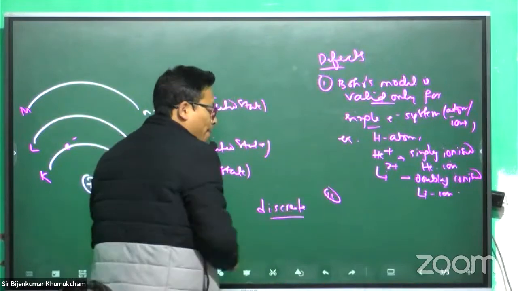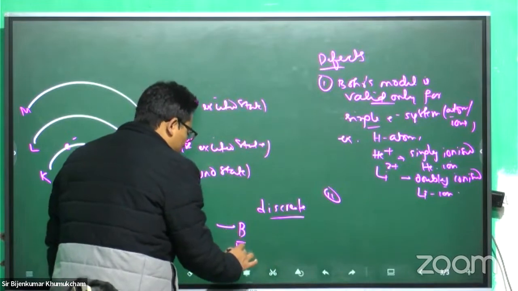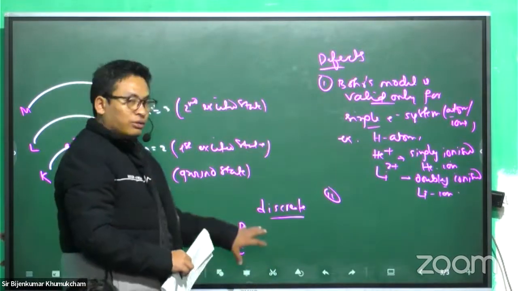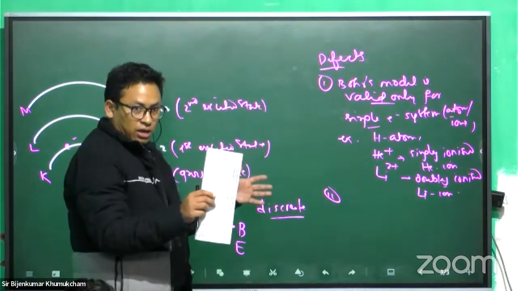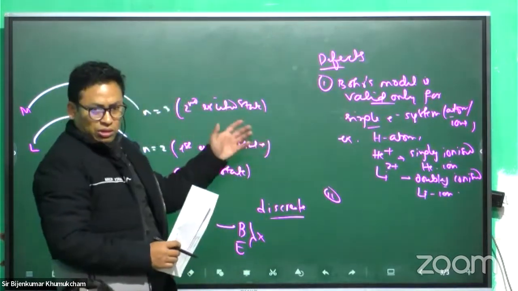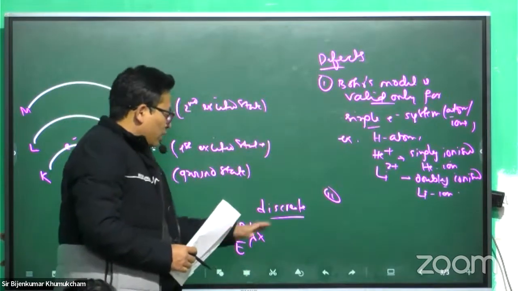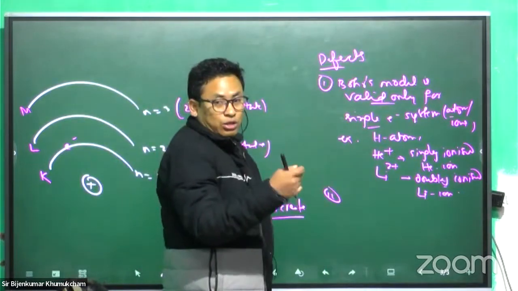What happens is that when you apply an electric field and a magnetic field, the hydrogen spectrum splits. We will not discuss it in detail. In the presence of electric and magnetic fields, the hydrogen spectrum gets split.